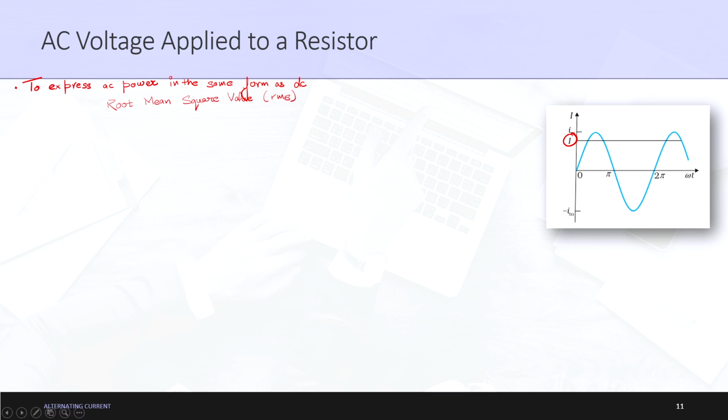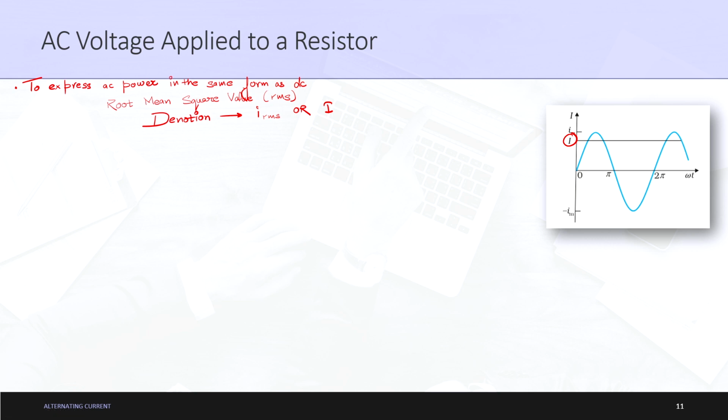Okay. The RMS value is denoted by I RMS, or in this diagram it is denoted by capital I. How to calculate this value?